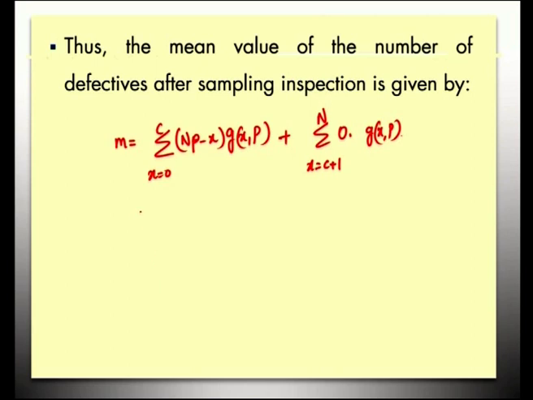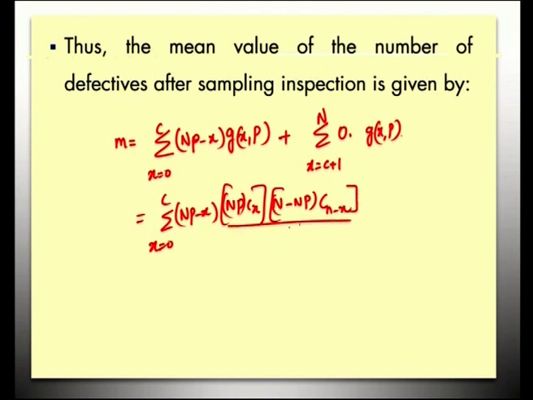In this sense, we will have a summation only from X equals 0 to C, because the other part happens to be 0. Now substitute for g(X, p) the hypergeometric distribution, that is, Np C X times N minus Np C n minus X, the whole thing divided by N C n.